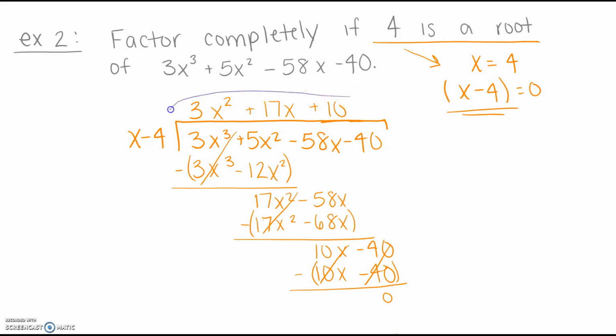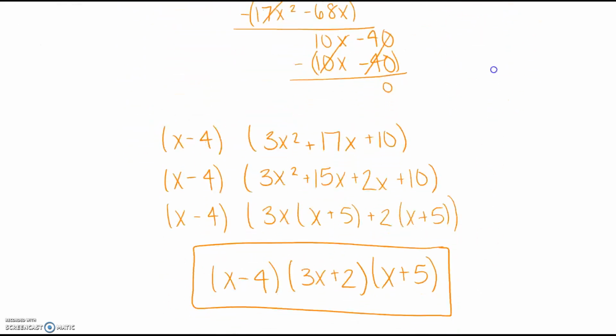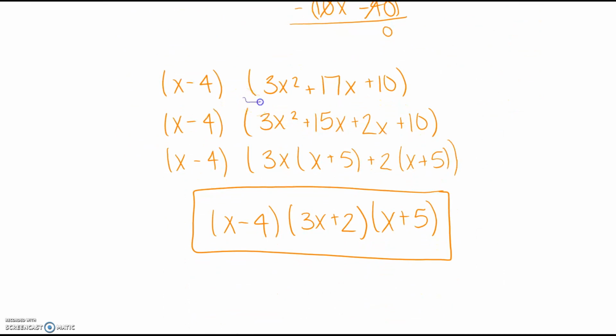Once you get that this and your x minus 4 are your two factors, you need to see if you can factor the 3x squared plus 17x plus 10 more. But you can if you use factor by grouping. Your final answer is x minus 4 times 3x plus 2 times x plus 5.